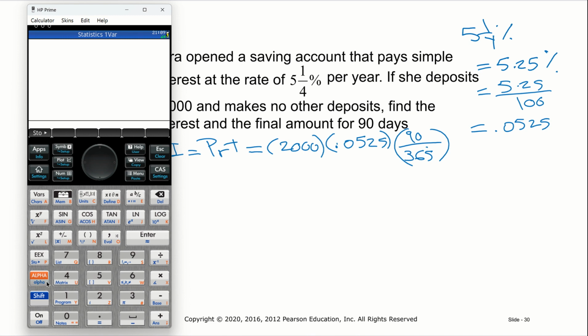All right, so we have 2,000 times 0.0525 times, now I'm going to use parentheses, 90 over 365. And we get, now remember, we're dealing with money, so it doesn't make sense to go more than 2 decimal places. So approximately 25.89.